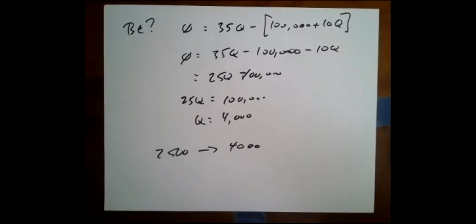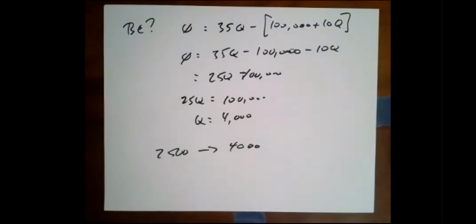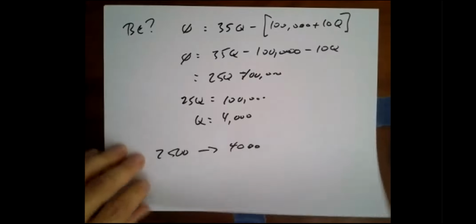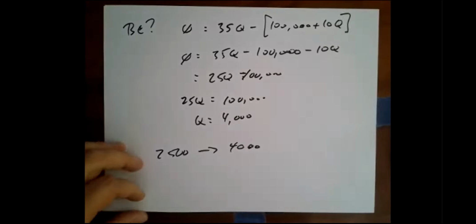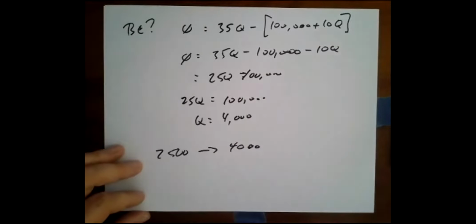What's the impact on our business? Well, we're going to lose profit, right? We're going to go from having a break even of 2,500 to a break even of 4,000.